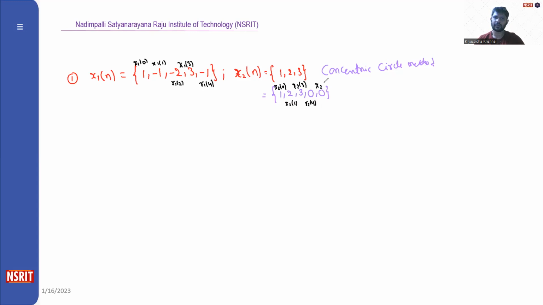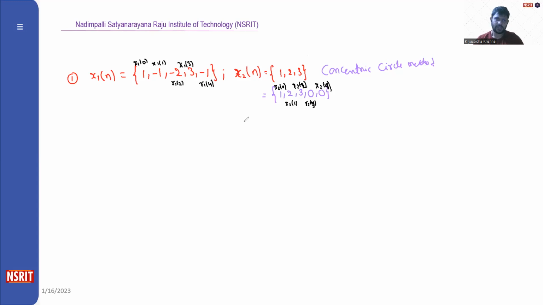Indices 0, 1, 2, 3 and 4. These are the sequences.